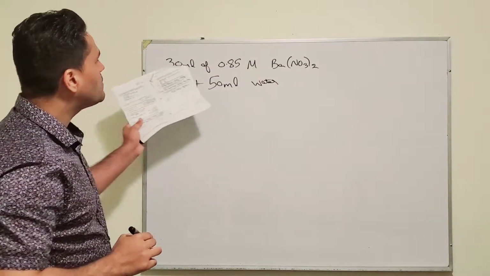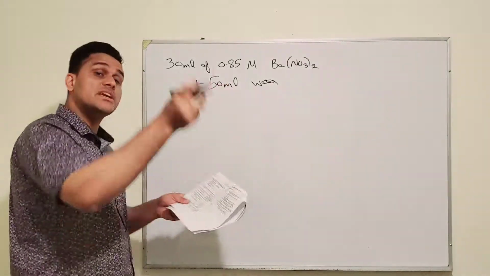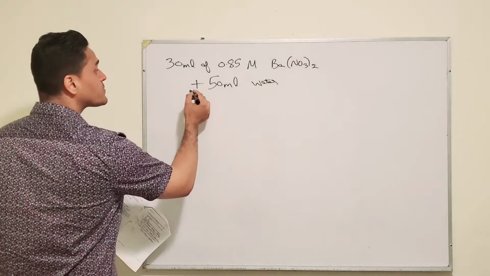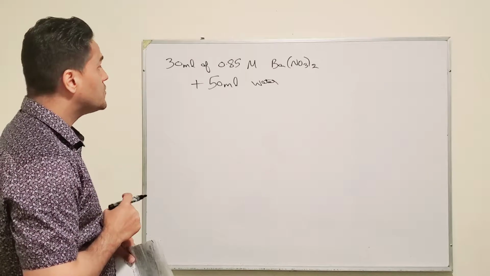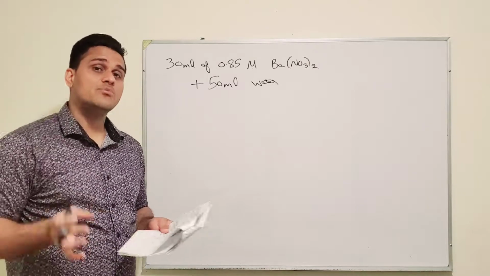So I had 30 ml of 0.85 molar BaNO3 and I mixed in 50 ml water, and the question is asking me to find all the concentration of the ions. So guys, what happens anytime we add water?